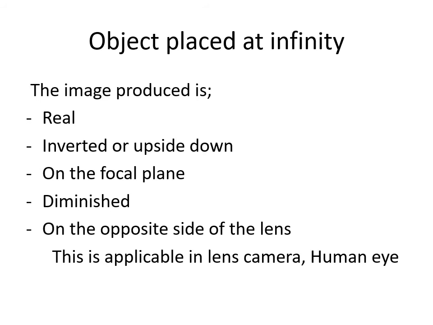The image is diminished, or smaller than the object. The image is on the opposite side of the lens. This is equally applicable in the camera. We also have the human eye. Our eye is applicable.